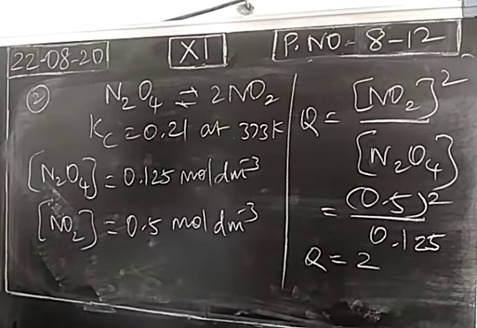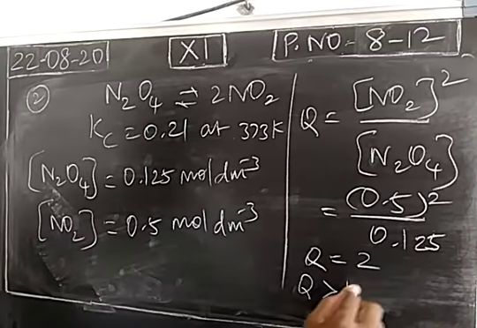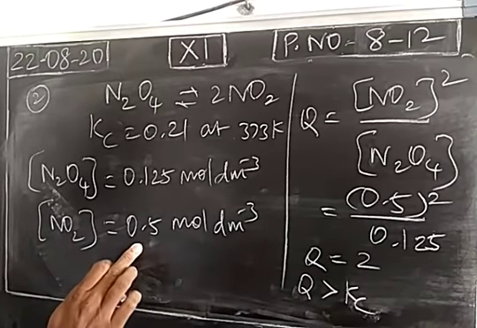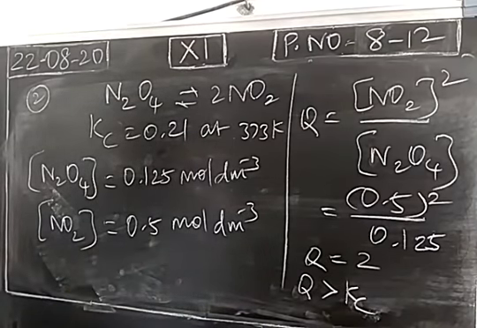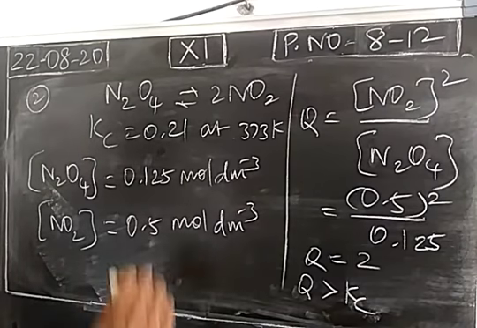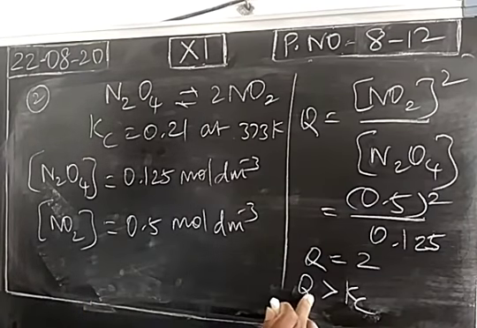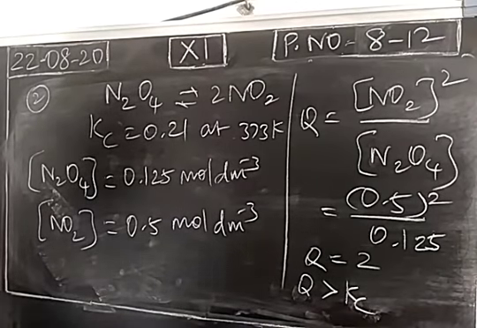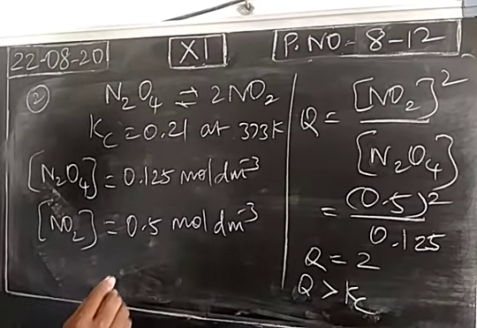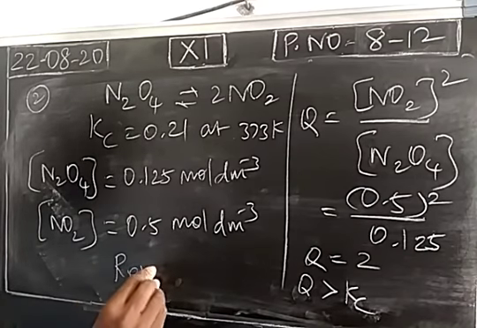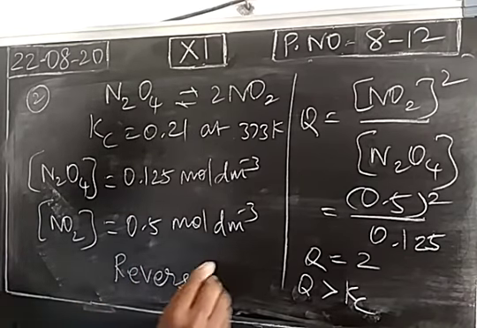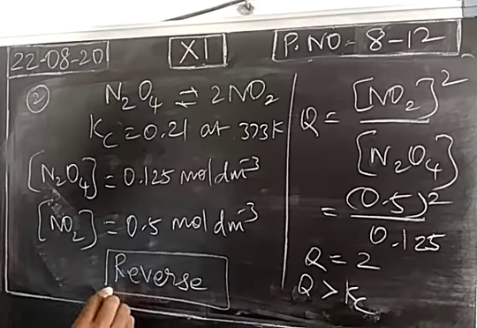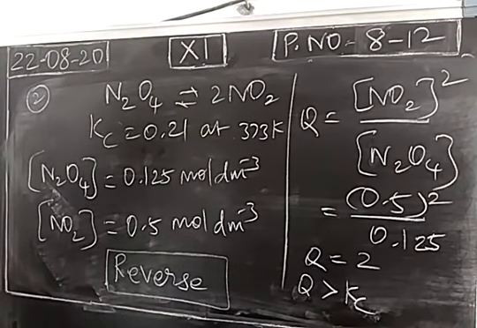Q value is 2. Q value is greater than Kc. Right? Kc value is 0.21. So comparing with Kc, the Q value is larger. So if Q value is greater than Kc, the reaction is proceeding towards the reverse direction.